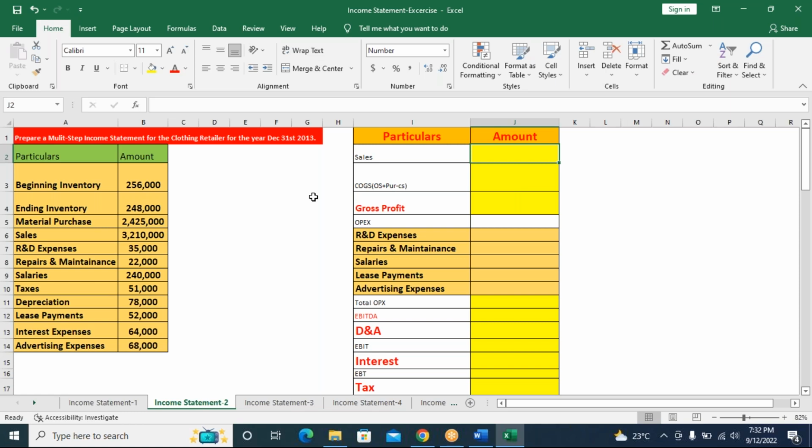Girls, I am waiting for your answer. 32,10,000. So here, whatever the value is, I'll just put is equal to and select this. That is 32 lakh 10,000. Okay, so now what is the COGS?